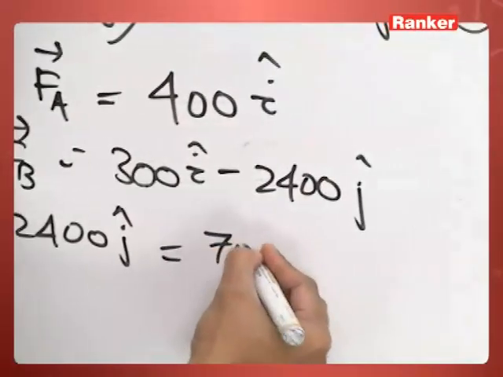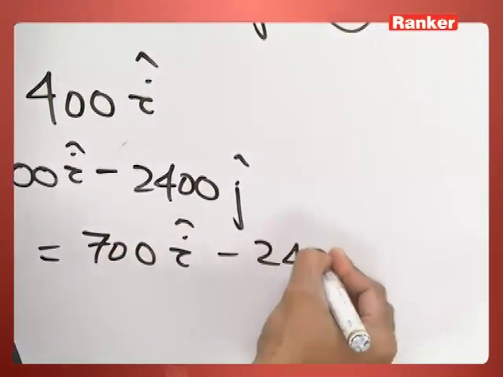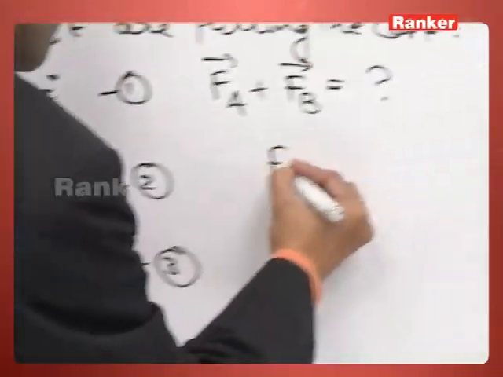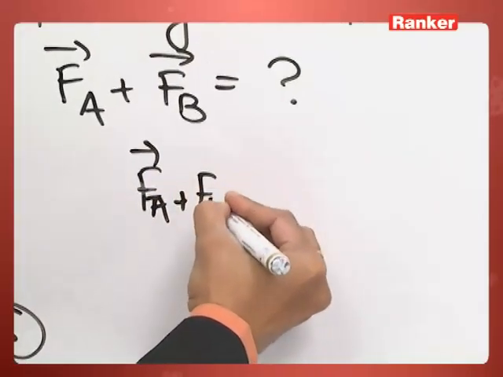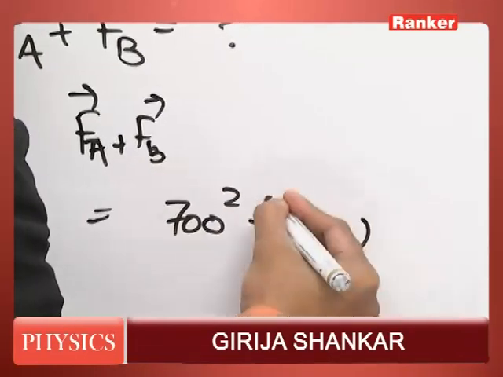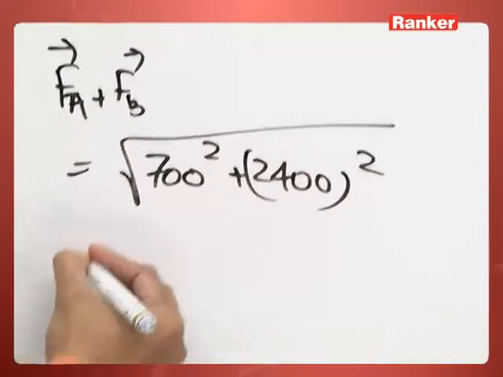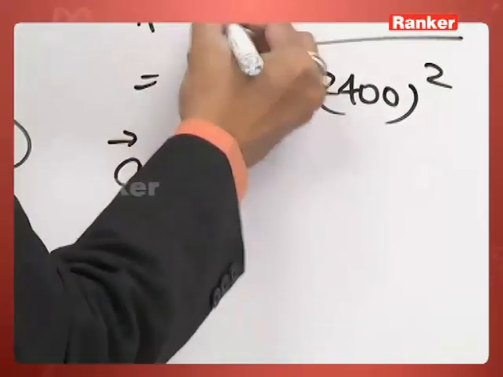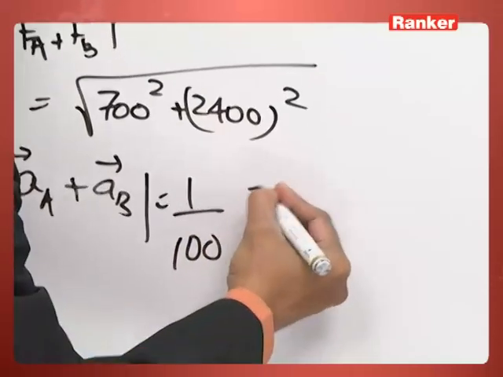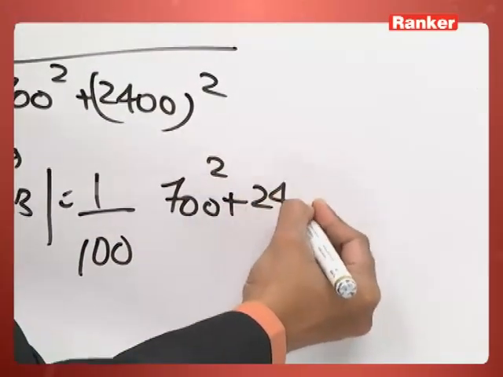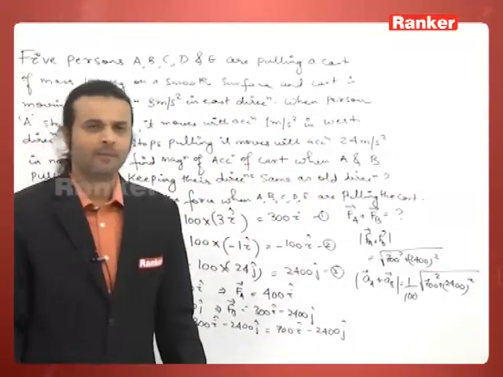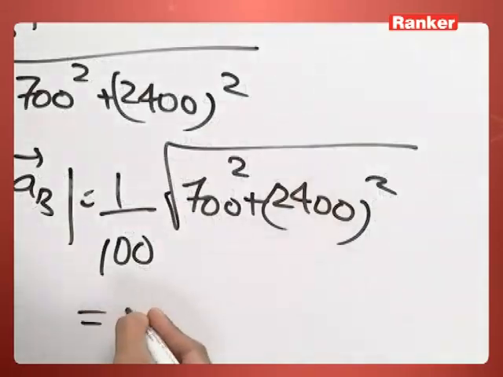This becomes 700 i cap minus 2400 j cap. Now you can find out the magnitude of FA plus FB, that becomes square root of 700 square plus 2400 square, and you can find out the acceleration, aA plus aB, is 1 by 100 into that. And I think this answer will come as 25.